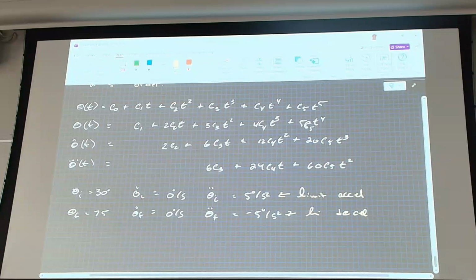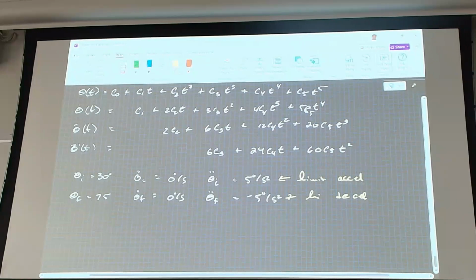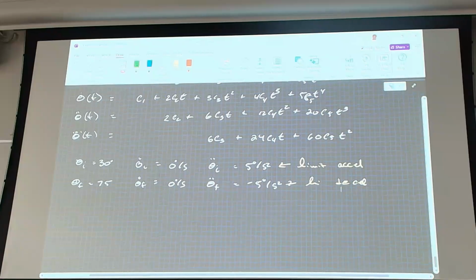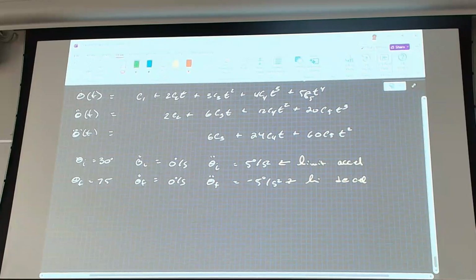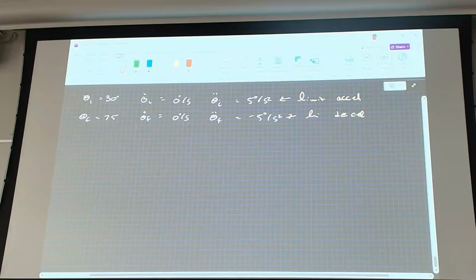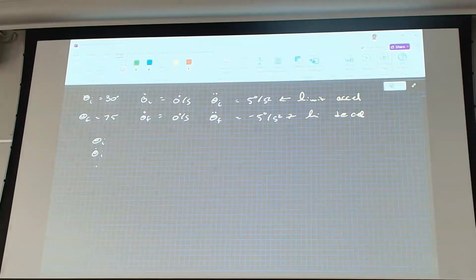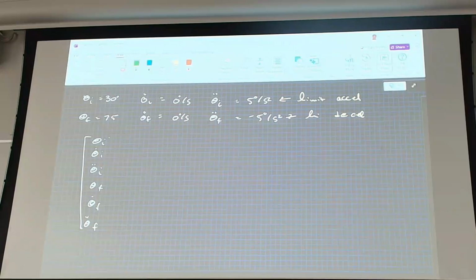Using the same process that we had before of C's and M's, we can go through and just construct the equations, right? So we're going to have this vector, theta I, theta dot I, theta double dot I, theta F, theta dot F, theta double dot F. There's going to be some matrix, which is defined by our T's.